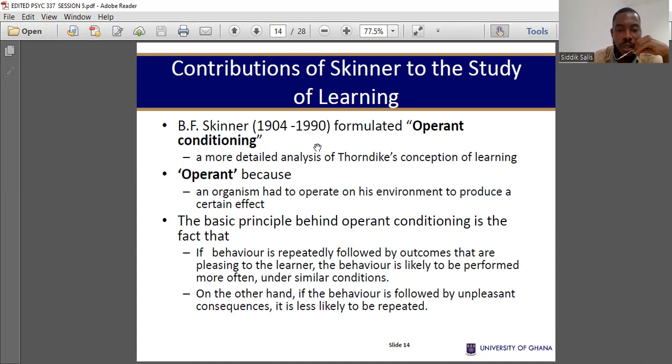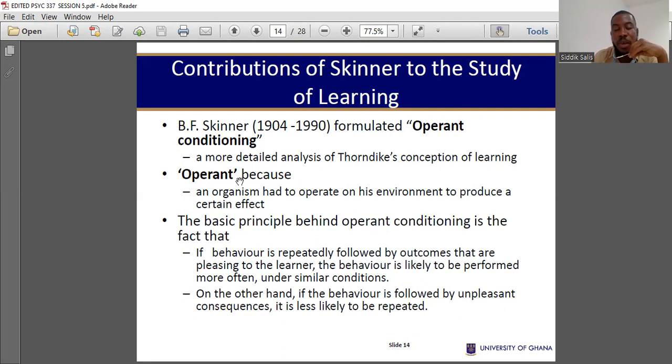Why is it called operant? From the word to operate, right? The one operating is the operant. It is the state of operating, what you are operating, that makes the thing operant. For example, when you say be vigilant. I hope you understand.